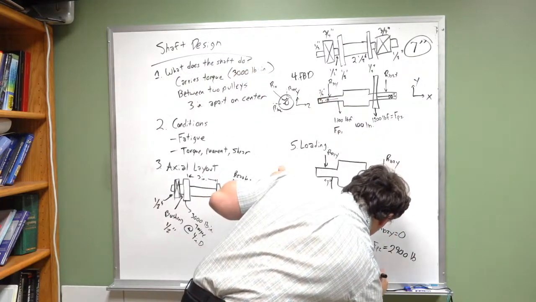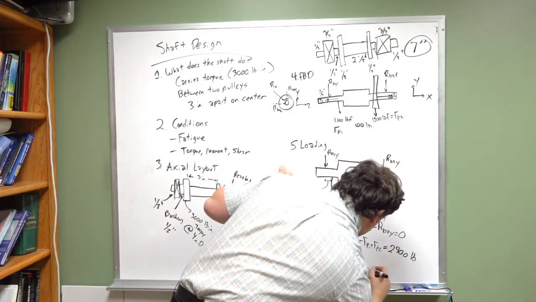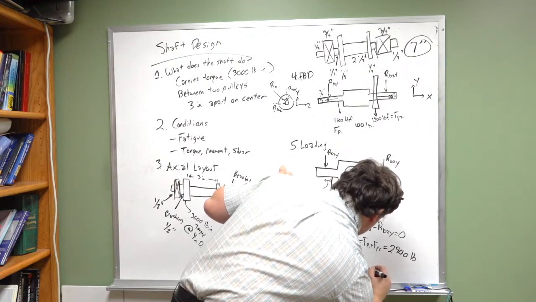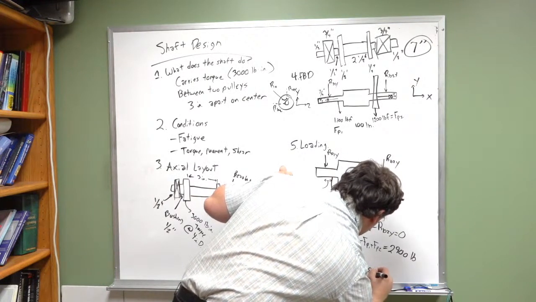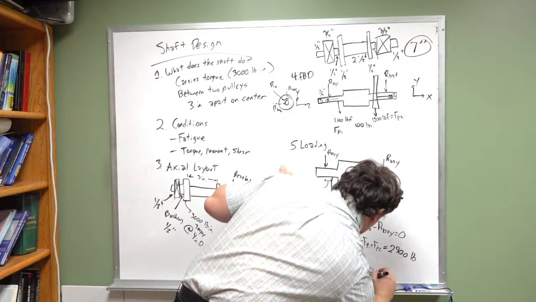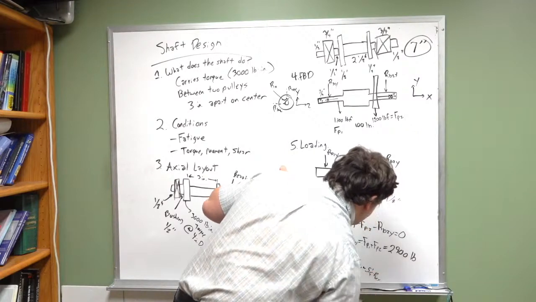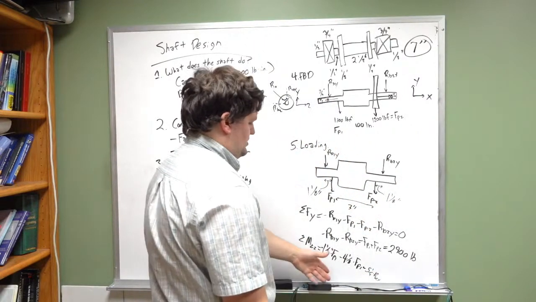So we'll keep consistency in the way that we drew it. So this is going to go out to 5 1/4 inch times RB2Y.